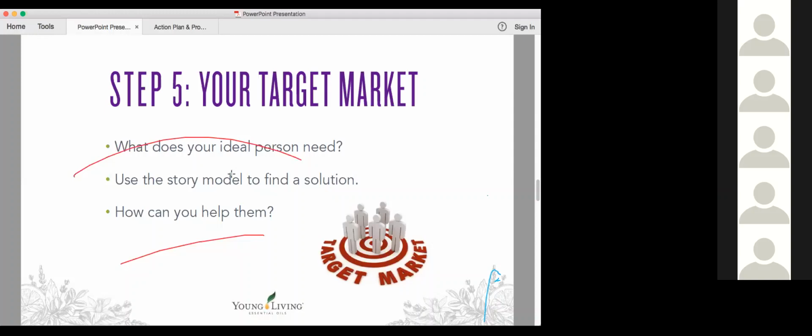You can see that building the story creates the connection to your target market. So build the story that you want to tell around the products.